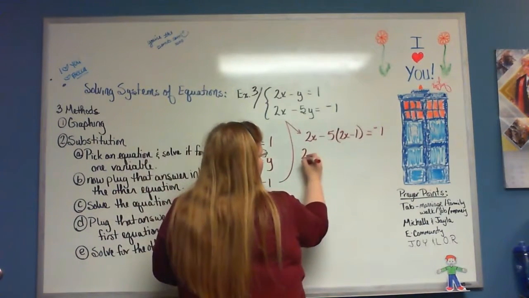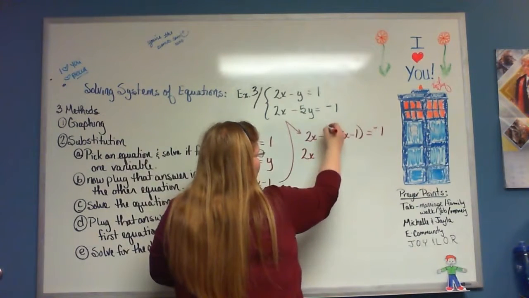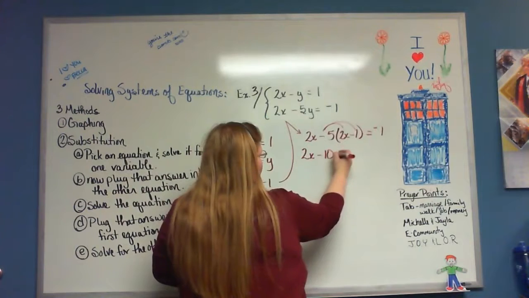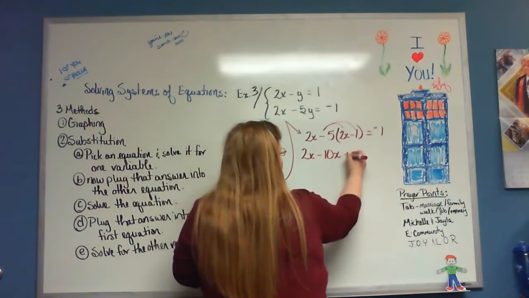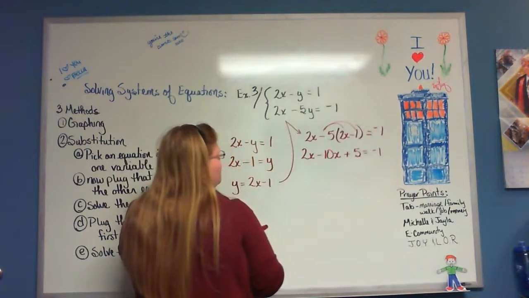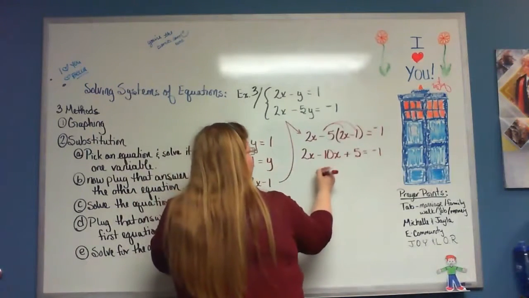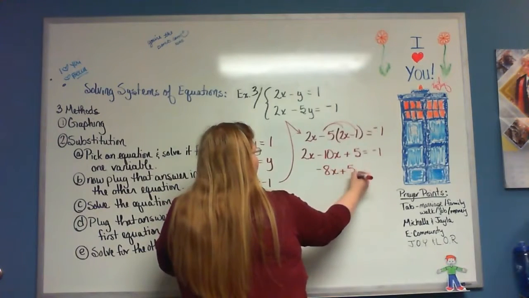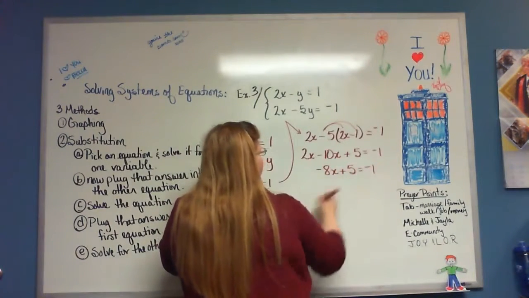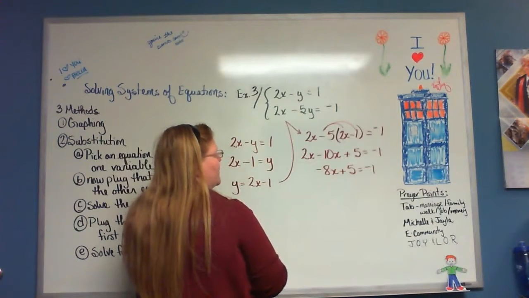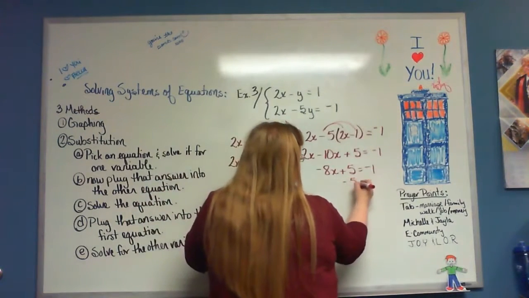So that means that 2x, and then I distribute my negative 5, minus 10x plus 5 equals negative 1. 2x and negative 10x is negative 8x plus 5 equals negative 1. Subtract 5 from both sides.